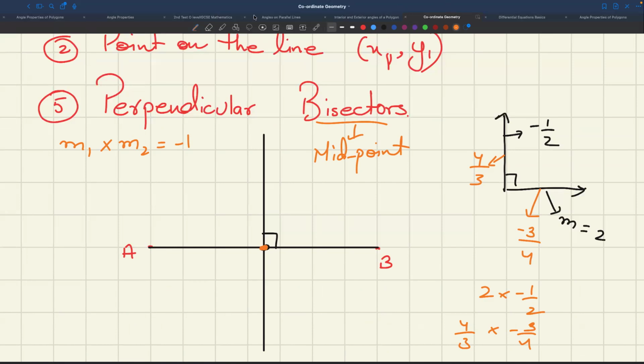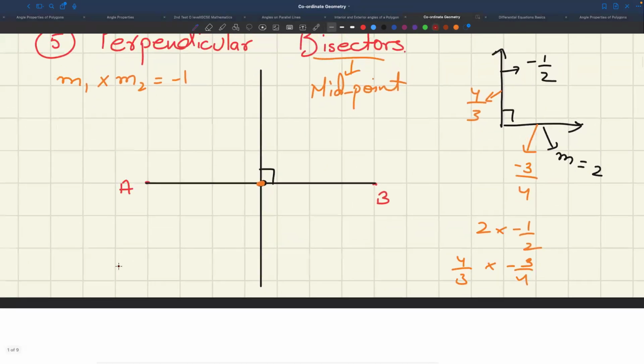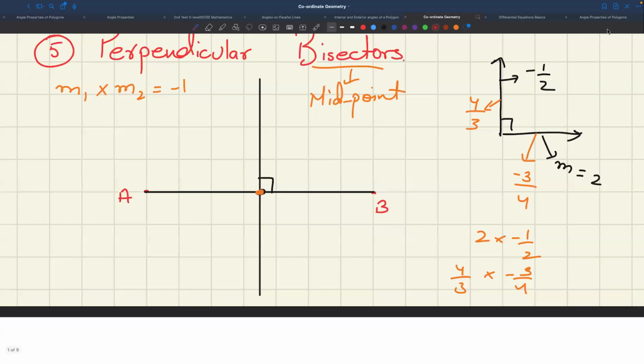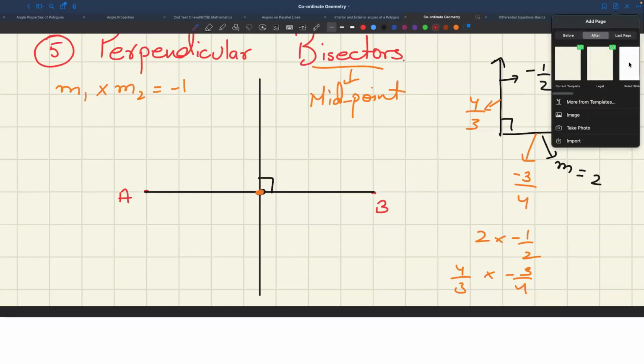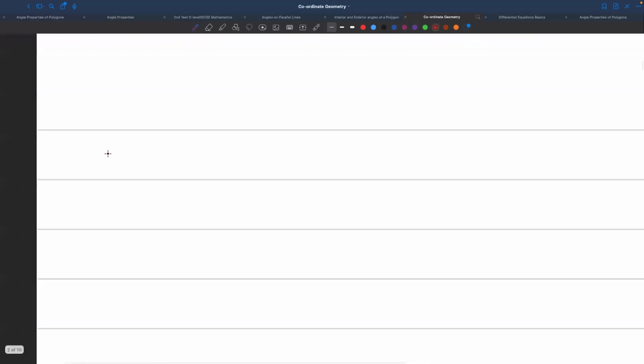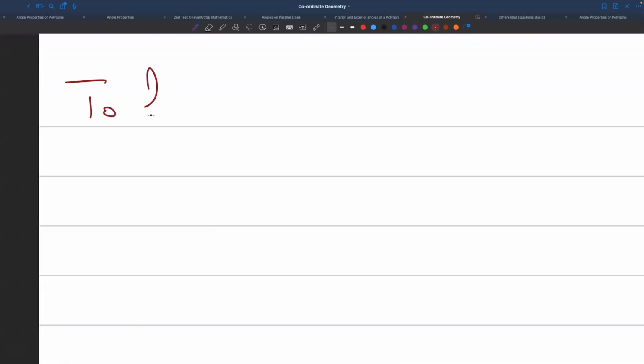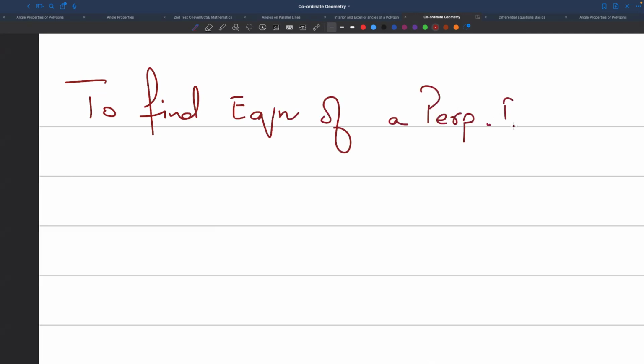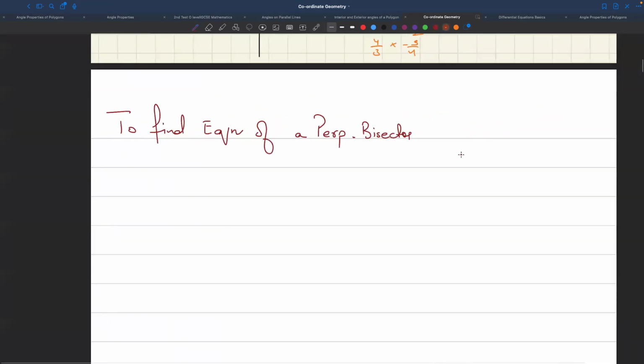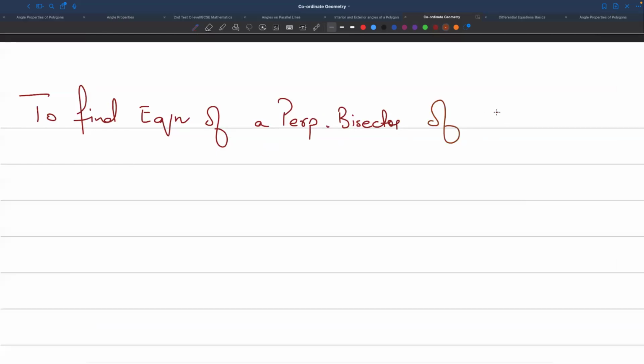So what I will do right now is, yeah, the first thing will be to find the equation of the perpendicular bisector. I will just add it over here. You can note it down as well. What should the steps be? To find equation of a perpendicular bisector, of, let's say, 2 points AB.